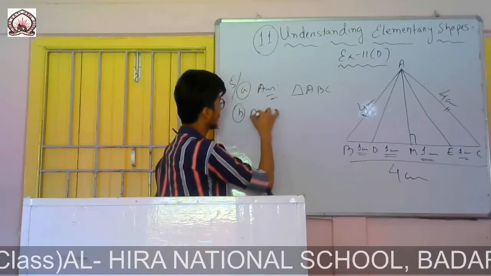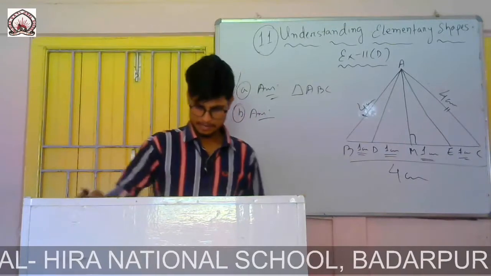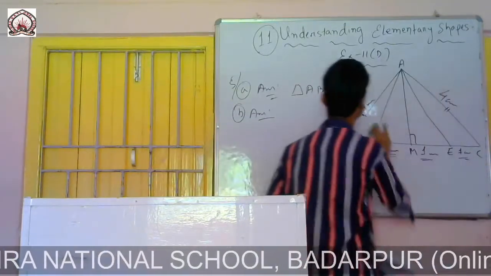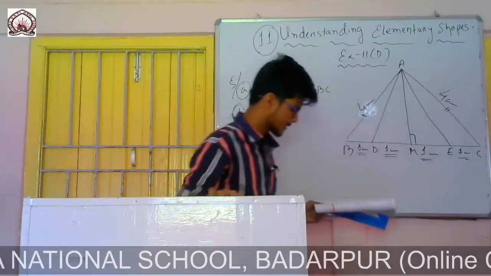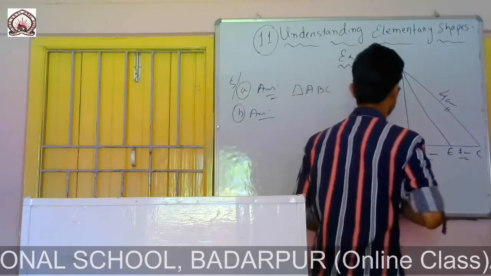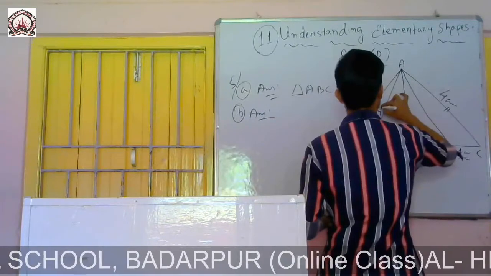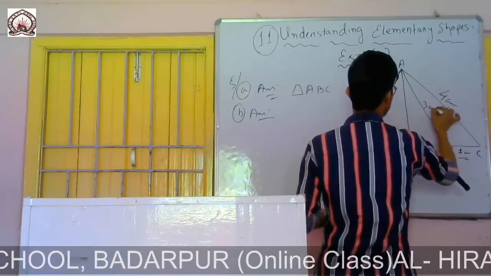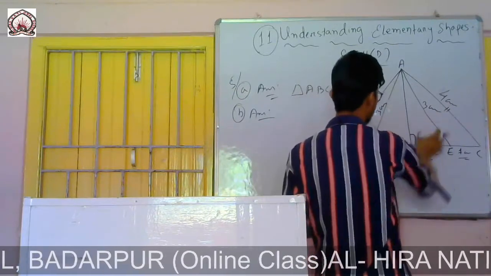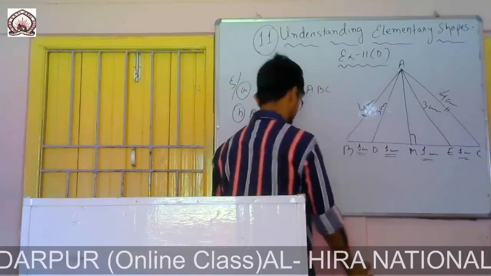Now, name the isosceles triangle. Isosceles means two sides should be equal. Here they are given 3 centimeter and this side also 3 centimeter. If I take this triangle, one side is 3 centimeter, another side 3 centimeter, and this side 1 plus 1 is 2. That means it is an isosceles triangle.